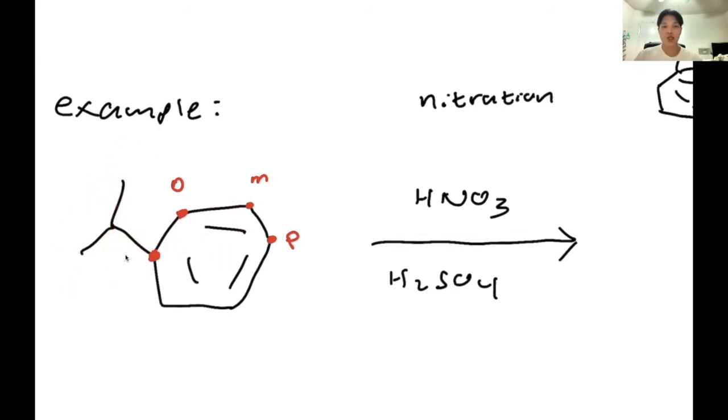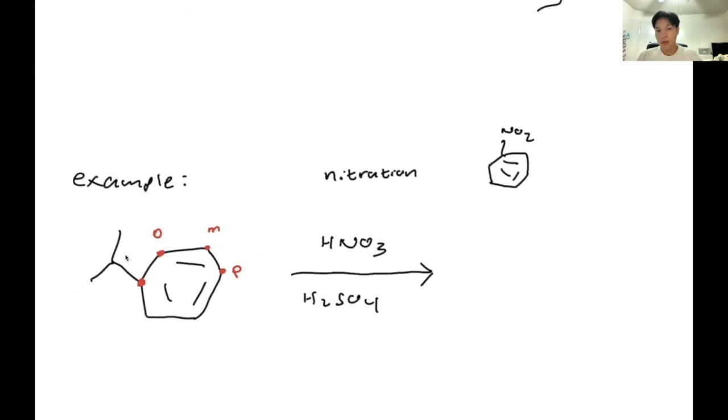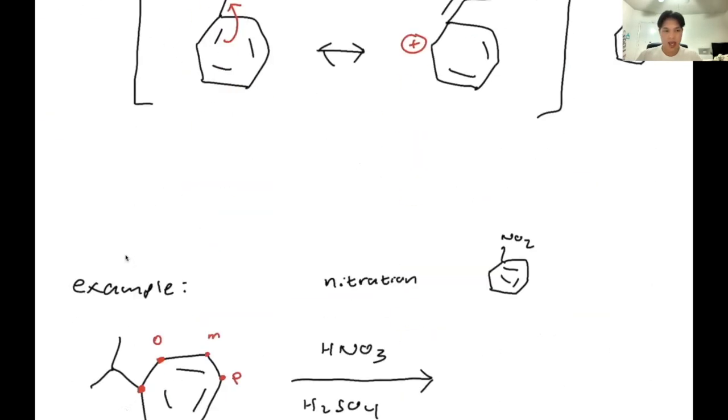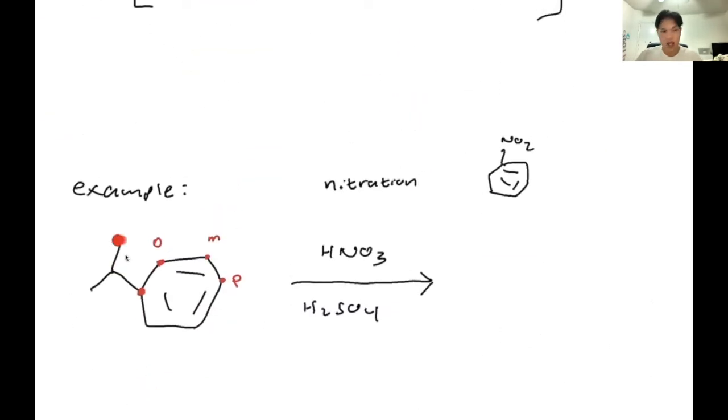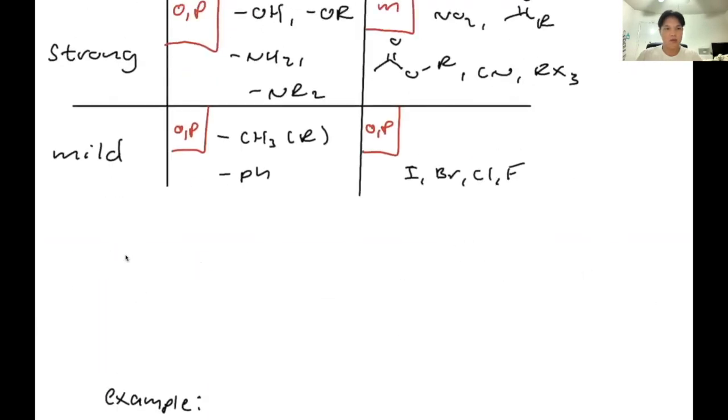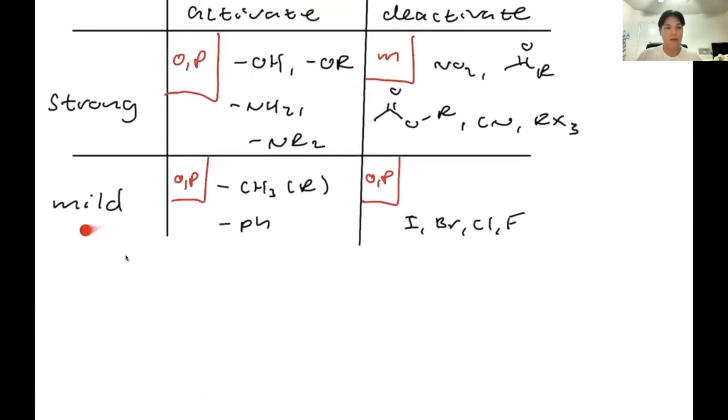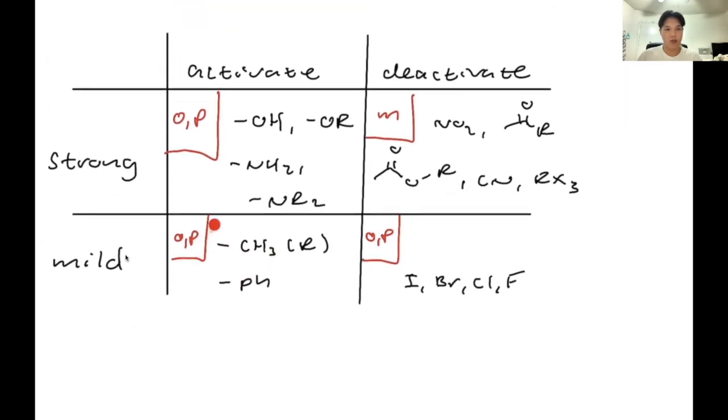And we know activators direct ortho or para, right? Let's go up and check if we're right. That is an alkyl chain, CH3, and we were right. It's a mild activator, which means it directs ortho para.